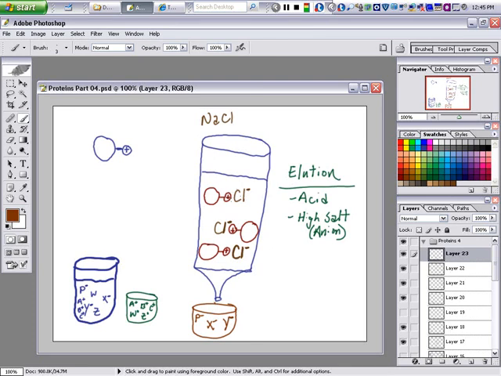They're going to displace those negatively charged proteins from the positive charge on those beads. And when it keeps displacing them, those proteins will start moving down on the column because they'll be releasing and attaching, because there's an equilibrium that takes place. But because there are so many chlorides, eventually they're going to come off of the column. They're going to pass through the column.